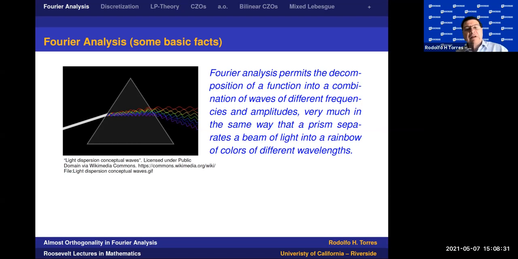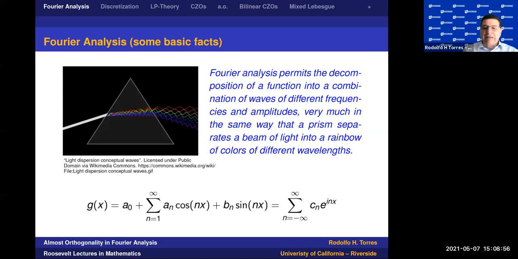In the case of light, waves of different wavelength or different color. And through that process, try to decipher some pattern, some information that is hidden in the signal or function. And the nice thing about Fourier analysis is that you can reverse this process. Once you have all the components, you can get back to your initial signal too.